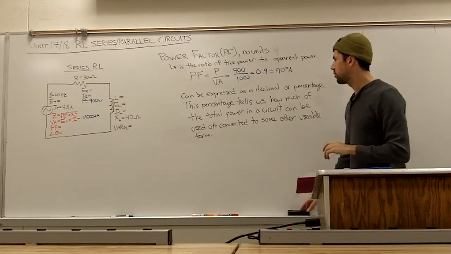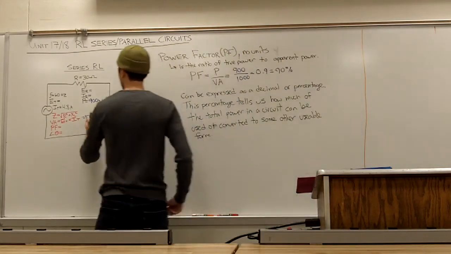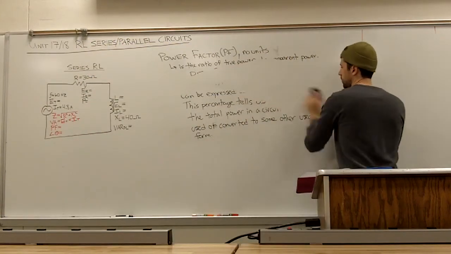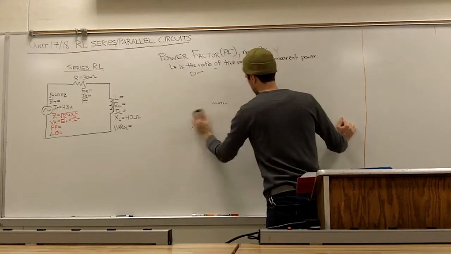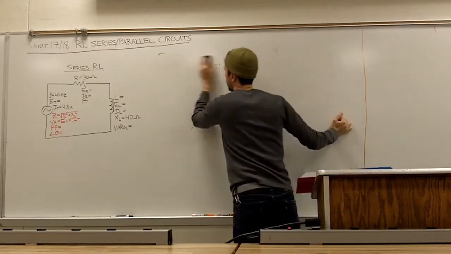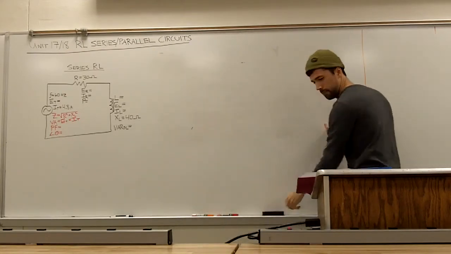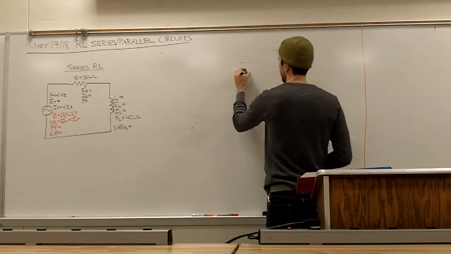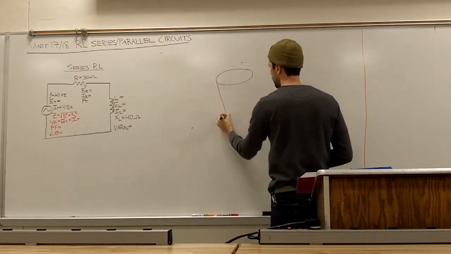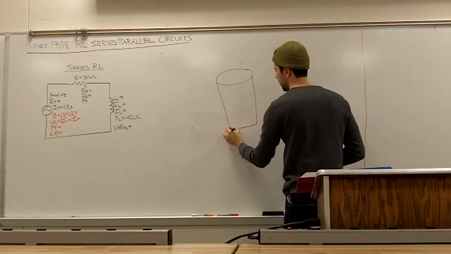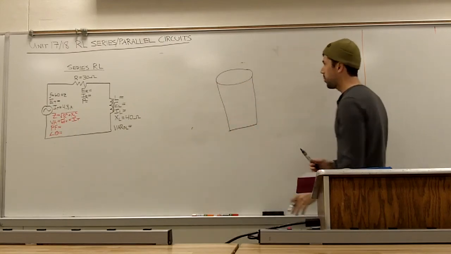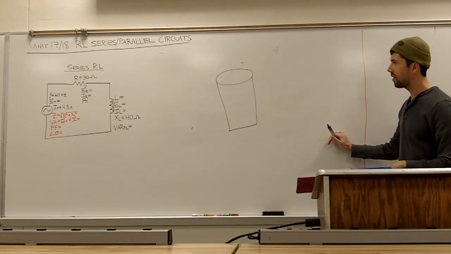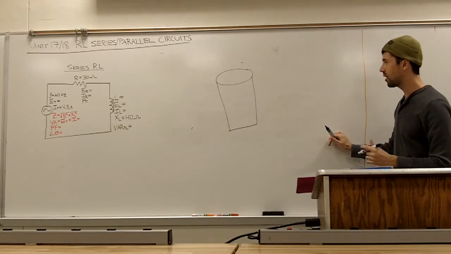So a good analogy for this is using beer. So you go to the bar and you pay for a cup of beer. So here's my cup of beer. Now I pay for a whole cup of beer. However, let's say we have a terrible bartender and you get a lot of foam.